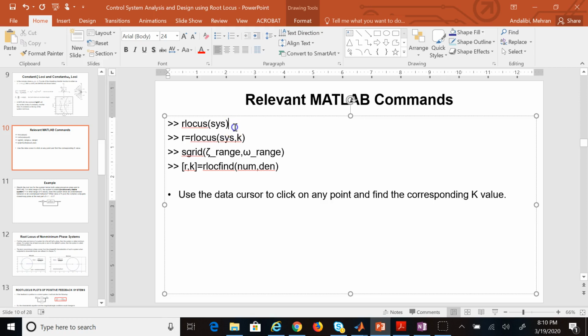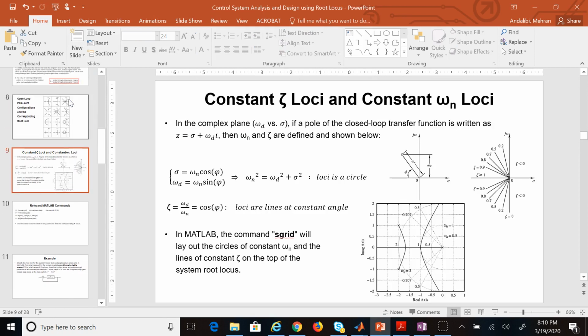You can directly use the command rlocus of num and denum, or you can even use the command rlocus of A, B, C, and D, where A, B, C, D are the fundamental matrices in the state space representation. So we have seen that.